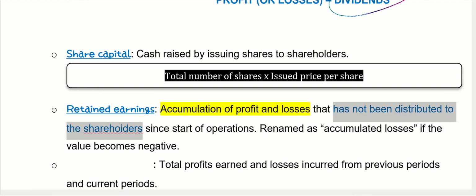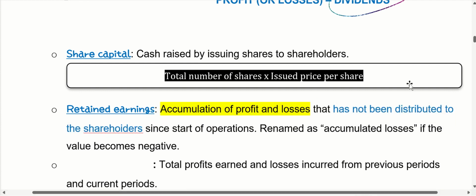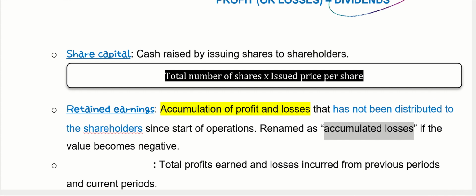Basically, you did not distribute them to your shareholders. You have been just accumulating them. Now, retained earnings are renamed as accumulated losses if the value becomes negative. Meaning what? You have not made profit since day one. You have only been making losses. Losses after losses after losses. And therefore, we will rename that as accumulated losses.